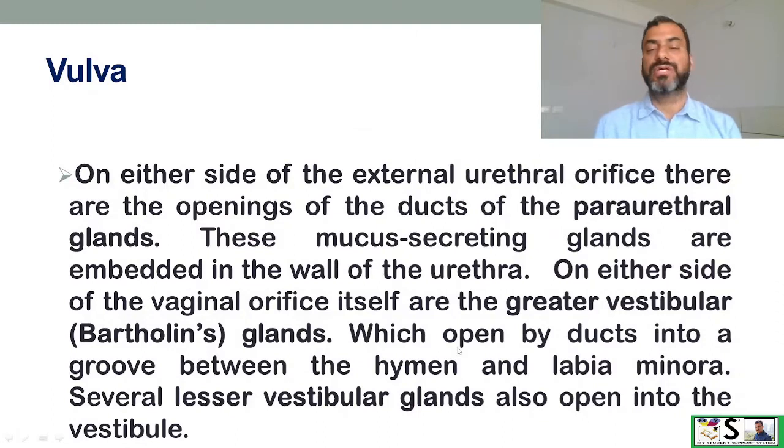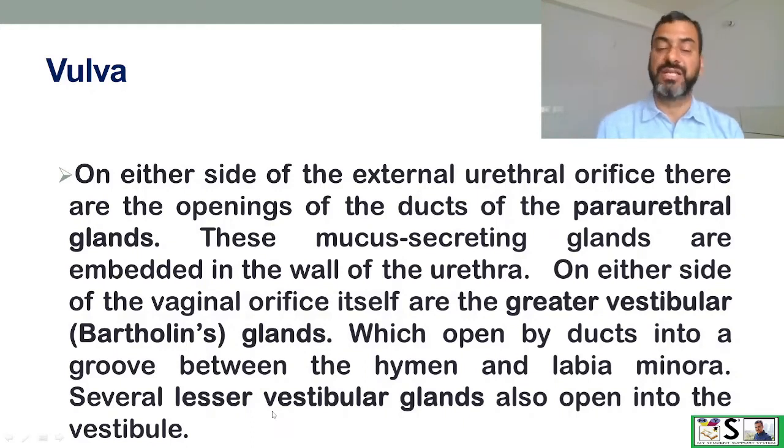On either side of the external urethral orifice, there are openings of the ducts of paraurethral glands. These mucus secreting glands are embedded in the wall of urethra. On either side of vaginal orifice, there are greater vestibular or Bartholin glands which open by duct into the groove between hymen and labia minora.